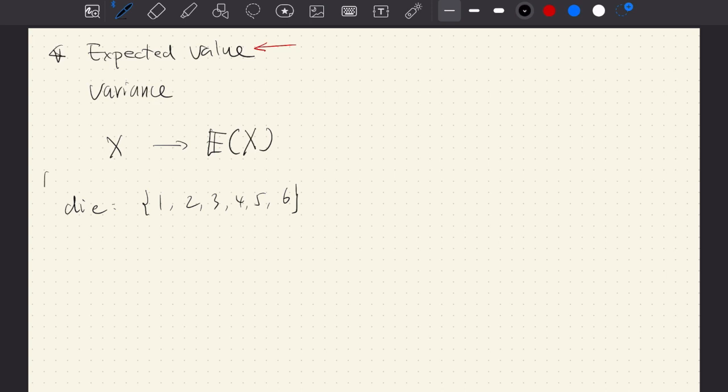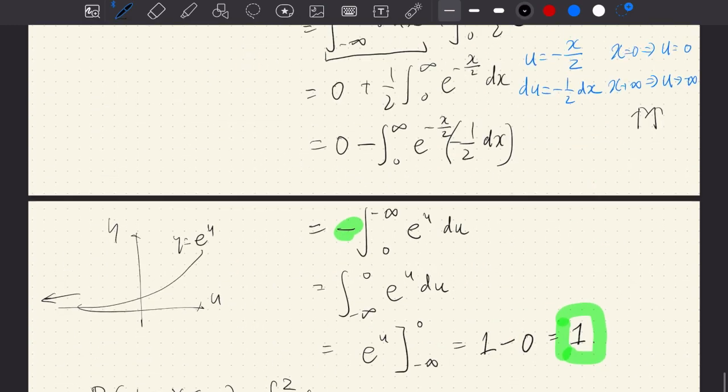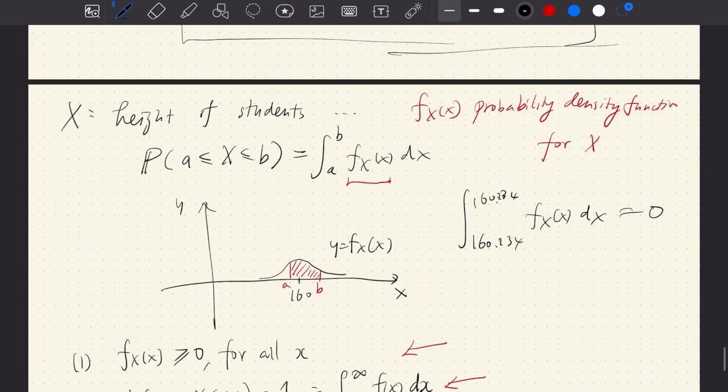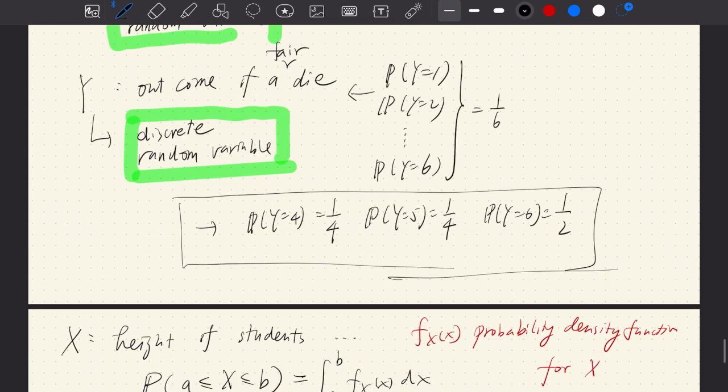Further, we'll assume that this is a fair die, so any possible outcome has equal probability. Because a die has 6 faces, the probability of it taking on 1 or 2 or 3 to 6 is all 1/6, right? We talked about this before when we were talking about how to describe a variable.